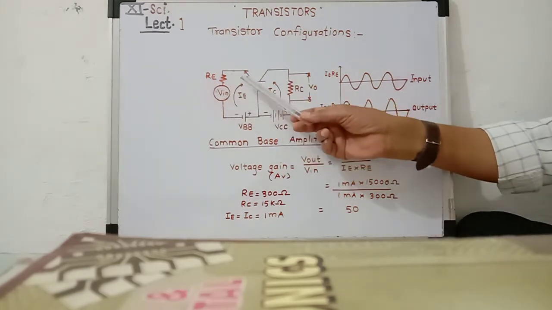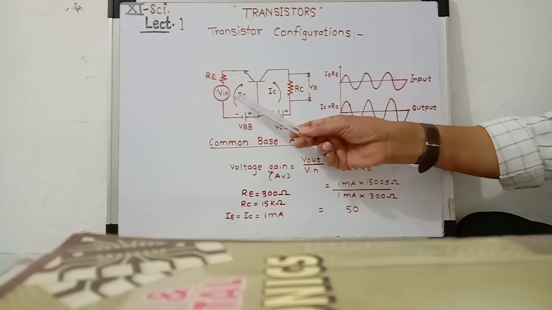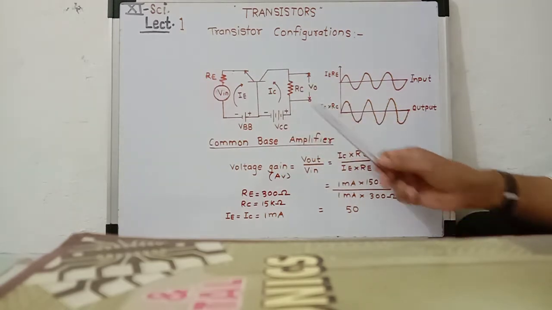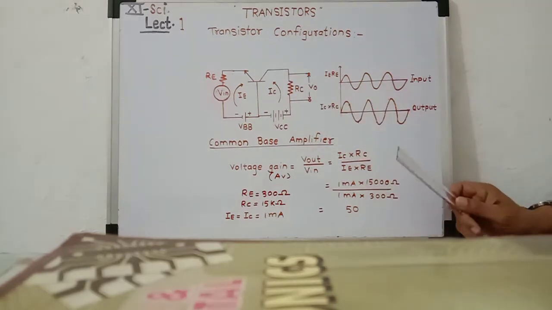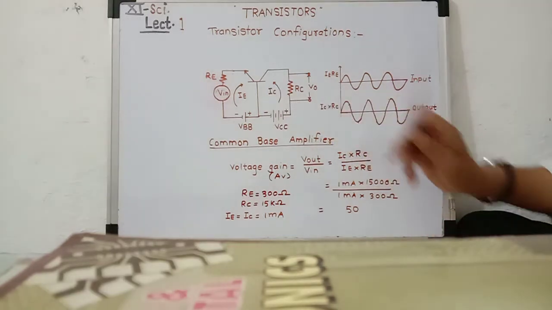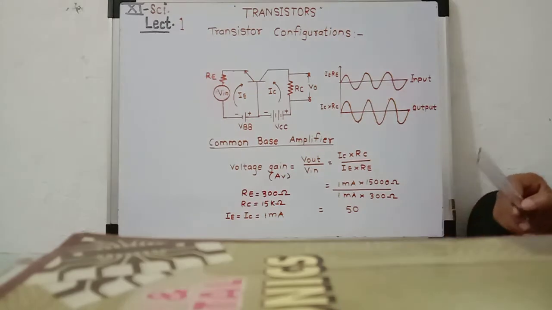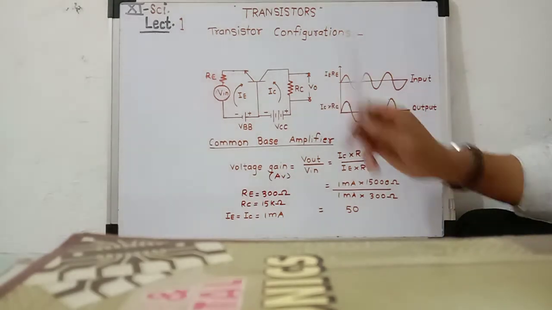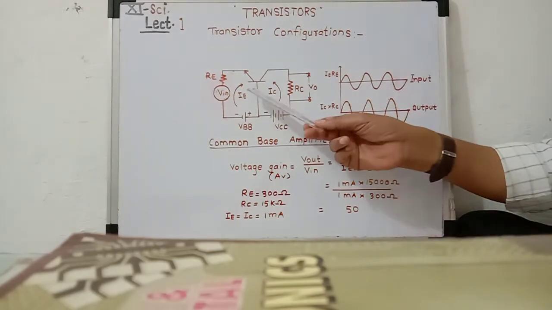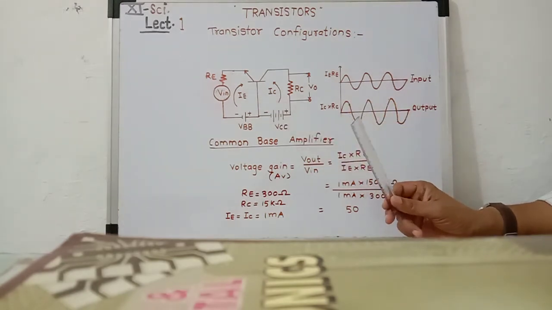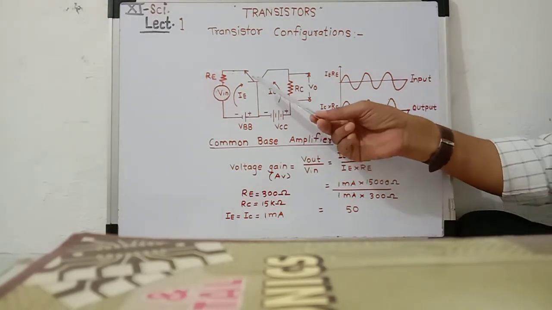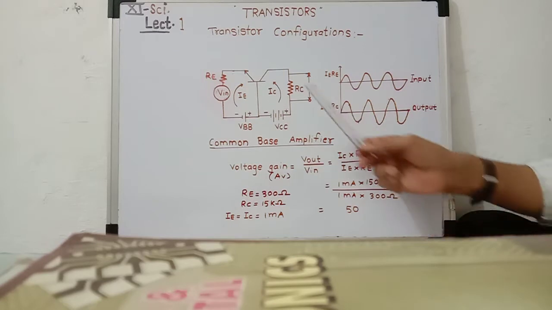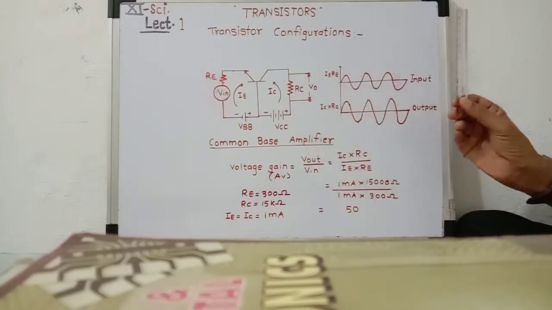Here the input current is the emitter current IE, and the output current is the collector current IC. The current gain of the amplifier means the current amplification factor of the common base amplifier, and it is denoted by the letter alpha.